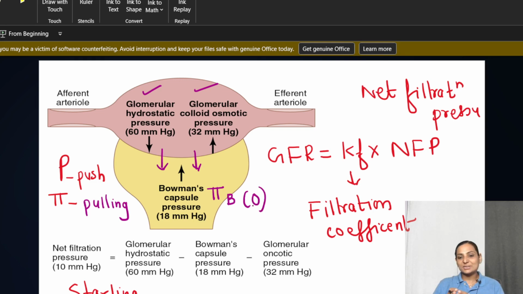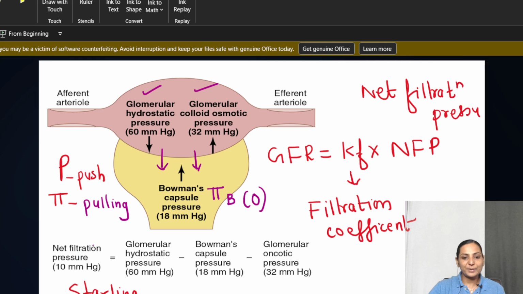So this force is not a physiological force unless proteins are present in the Bowman's capsule, which is totally pathological. Any proteins will never come from the glomerular capillaries into the Bowman space. It is never seen. So the colloid osmotic pressure at the Bowman's capsule is normally 0, which is not physiologically in action.